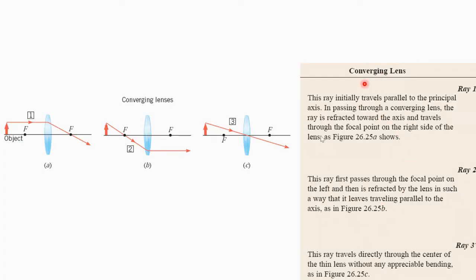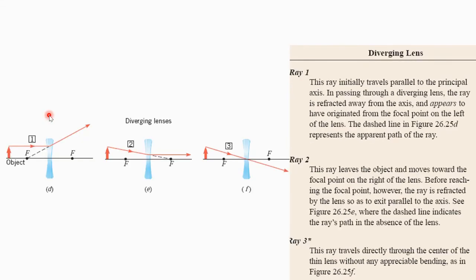I took this straight from your textbook because it explains exactly what's going on. If we want to sketch our image for a converging lens, we have our object, and our focal points on both sides. Notice how a converging lens goes out like that. It is the opposite of our diverging lens, which goes in.